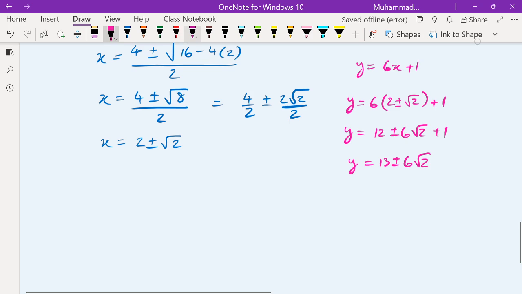A good way to give the answer is to write the coordinates in x comma y form. So you're going to have 2 plus root 2, 13 plus 6 root 2.